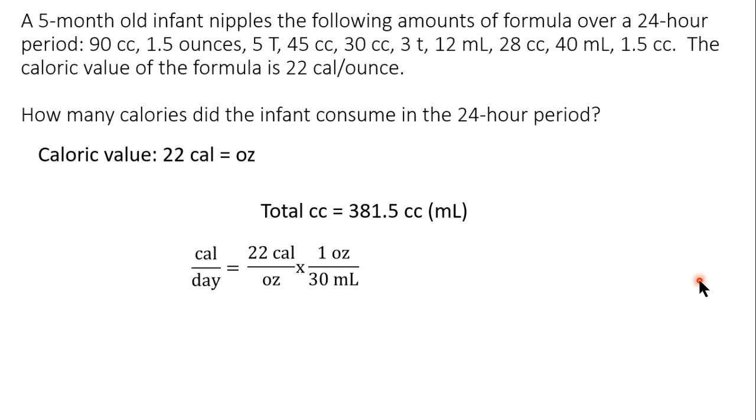So 1 ounce over 30 milliliters times. Remember that cc's and milliliters are the same. So instead of writing cc's, we can just write straight away milliliters. So 381.5 milliliters over 1 day. So therefore, the ounces and the milliliters cross out, and we are left with calories per day, which is what we want. So 20 times 381.5 divided by 30 gives us 280 calories per day.